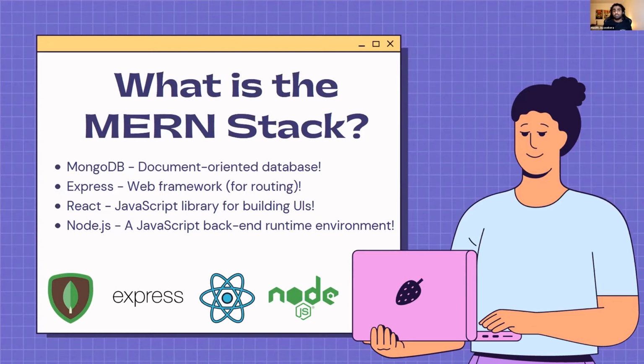We're mainly going to be using it for routing, and it also has a lot of abstractions that help us with coding this application. We'll also be using React, which is our JavaScript library for building UIs. Fun fact, it's maintained by Facebook and was created by an employee of Facebook. So it is in demand and it's everywhere nowadays. And finally, NodeJS, which is a JavaScript backend runtime environment, essentially allowing us to run JavaScript outside of a browser.